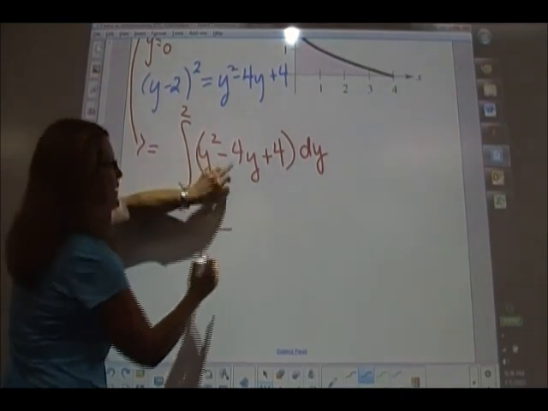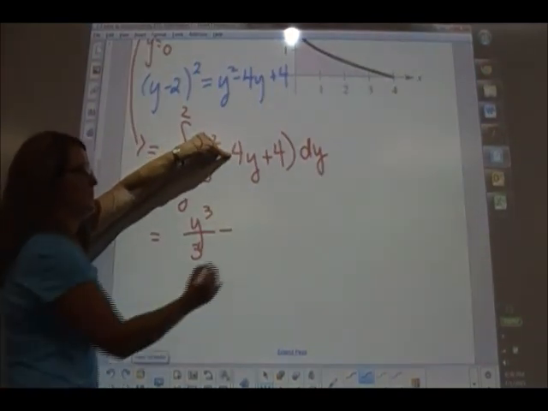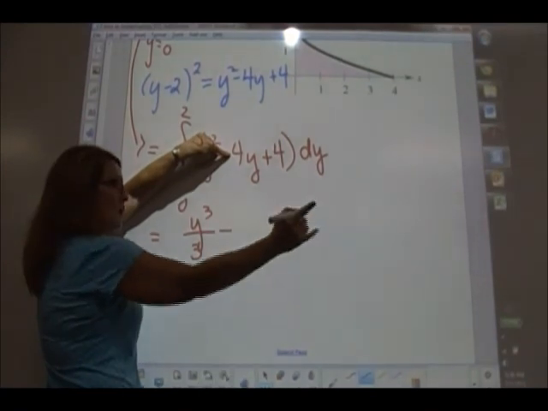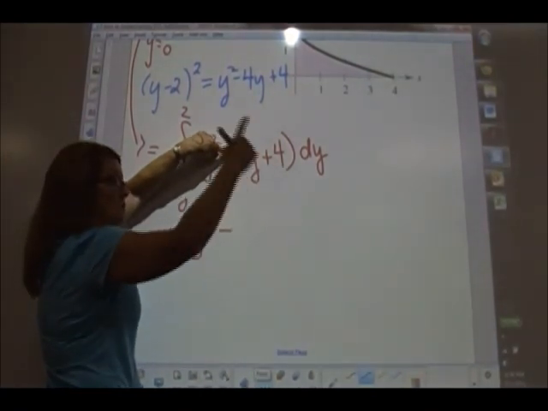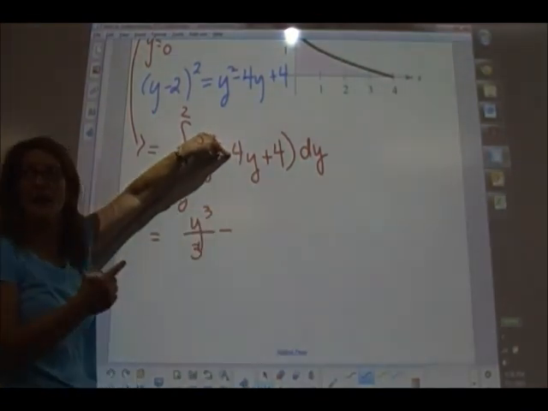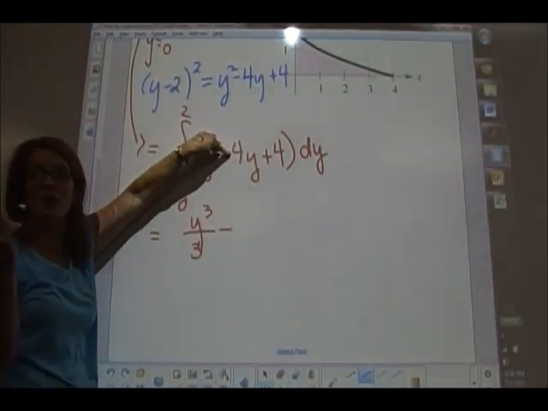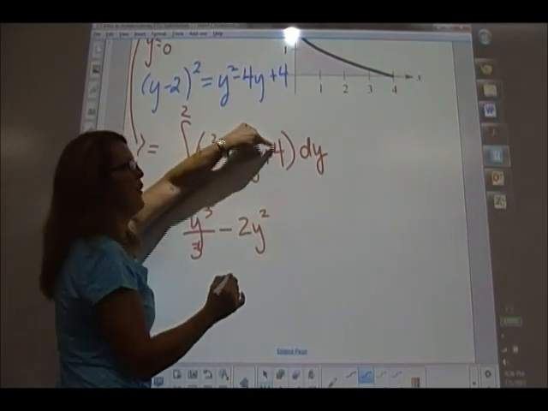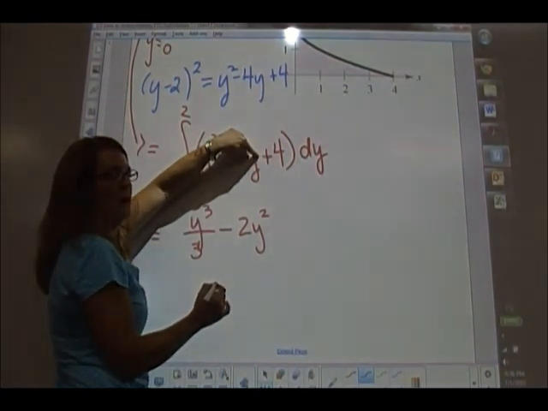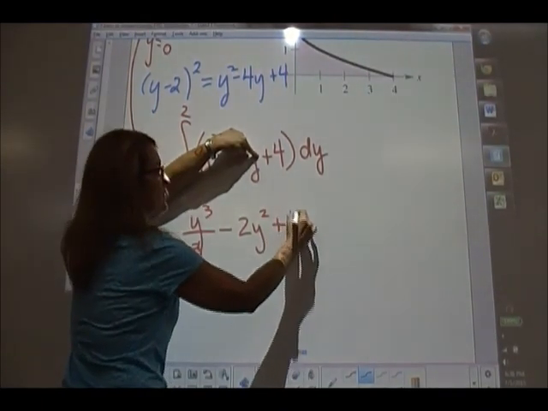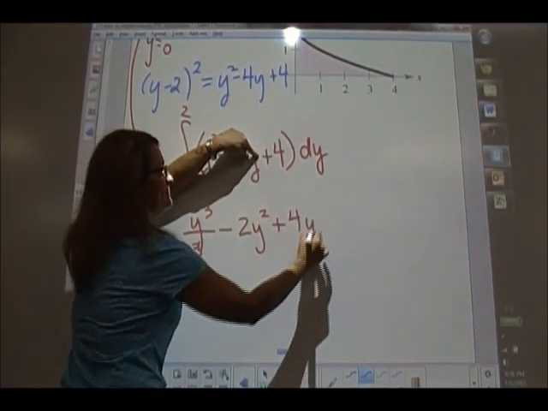The antiderivative of 4y to the first: 2y squared, so 4 times y squared over 2. Are you all right with 2y squared? And the antiderivative of 4: 4y.